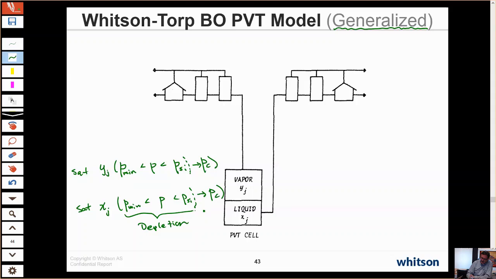And in this part out here, we have to use some kind of extrapolation. And there's a number of methods to do that type of extrapolation. And we can come back to that in questions if somebody wants to discuss that.